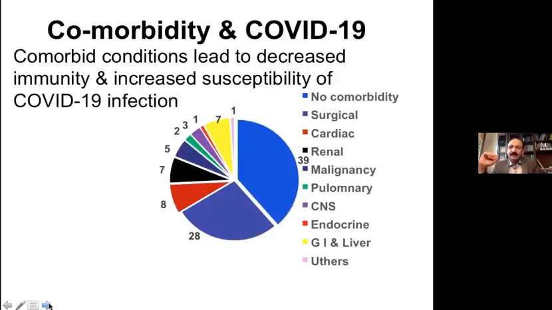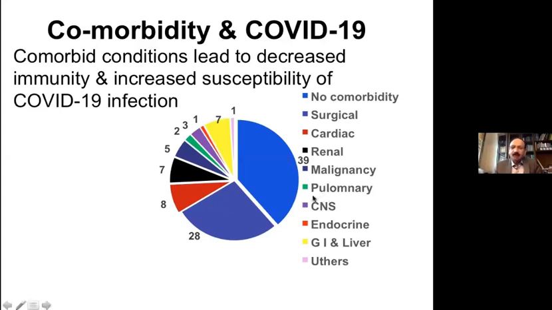And look at that data, which is again our local data. Of all children which we have treated at Children's Hospital, you can see how many of them had surgical conditions. Cardiac was one of the most common reasons for these patients to be admitted. Renal disease was the second most common reason. Then of course, malignancy, particularly tumors, whether it's leukemia, lymphoma, or they are on steroids or immunosuppressive therapy.